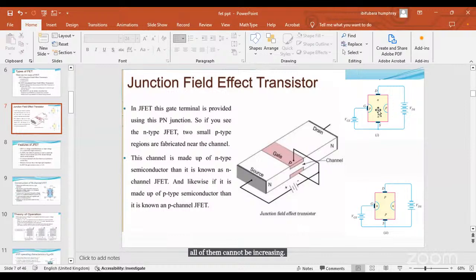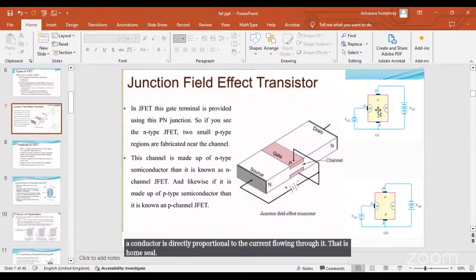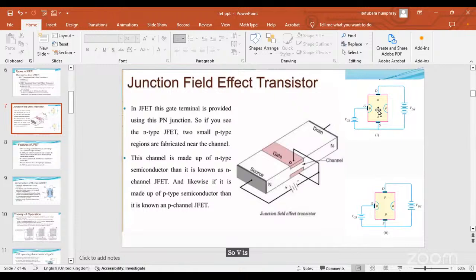Let's say from Ohm's law, V is directly proportional to I. That is, the applied voltage across a conductor is directly proportional to the current flowing through it. That is Ohm's law. So V is directly proportional to current. V increases, I increases.